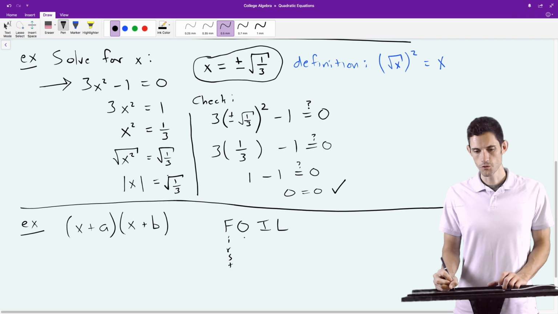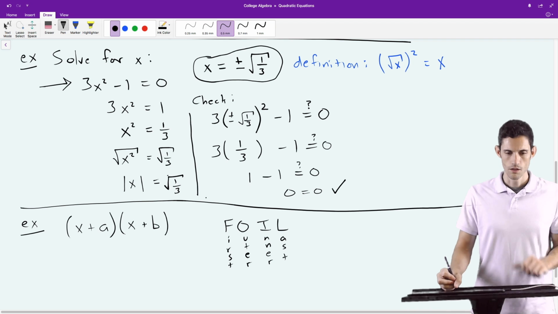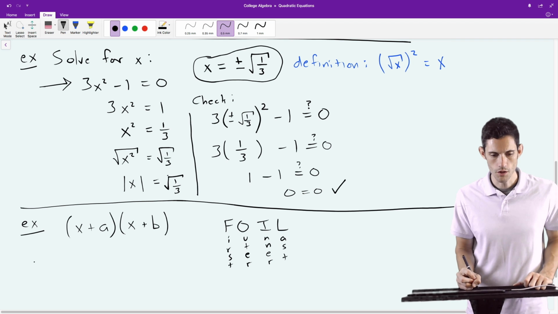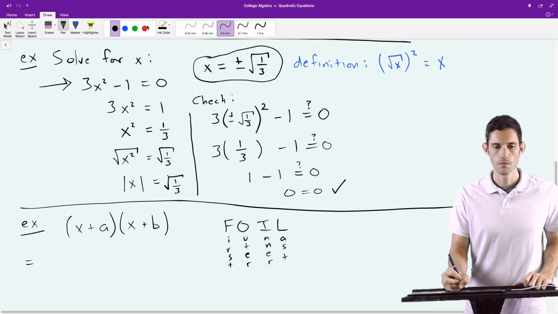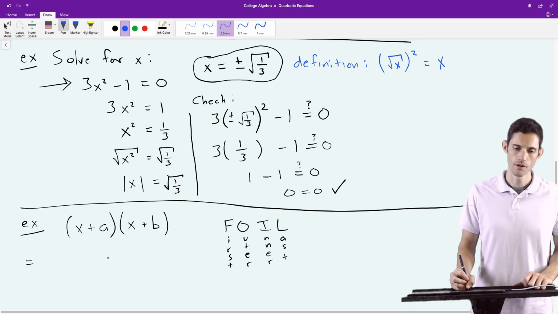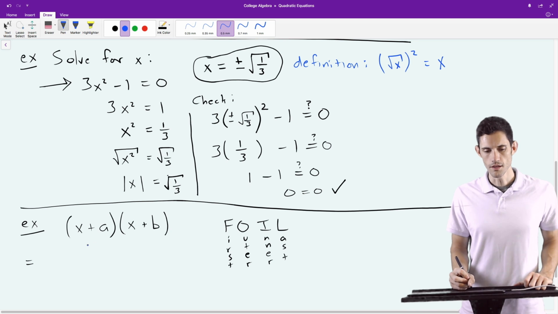So you multiply the first one, and then the outer one, and then the inner one, and then the last one. So what does that mean? This is going to be equal to 4 things summed together. The first thing is the 2 first terms multiplied together.